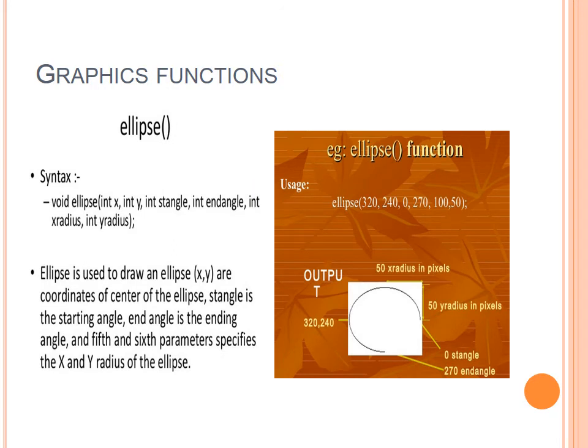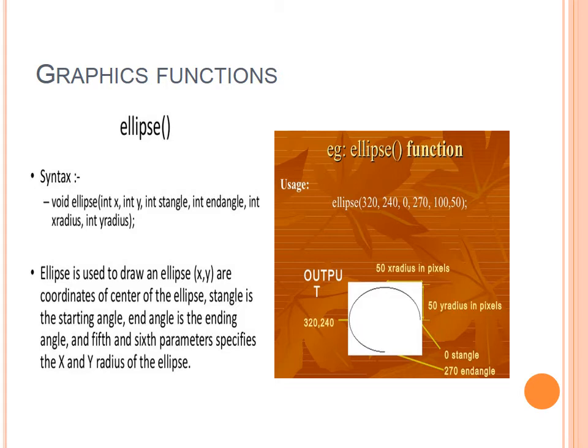Next one is the ellipse function. Ellipse is used to draw an ellipse. X and y are the coordinates of the center of the ellipse. Start angle is the starting angle. End angle is the ending angle. And the fifth and sixth parameters specify the x and y radius of the ellipse.